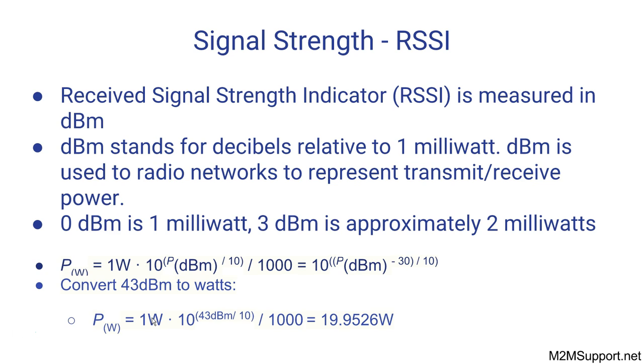So 0 dBm corresponds to 1 milliwatt. Every 3 dBm you have double the power, so 3 dBm corresponds to 2 milliwatts. There's math to convert from power to dBm or dBm to power. If you're interested, you can look into that.